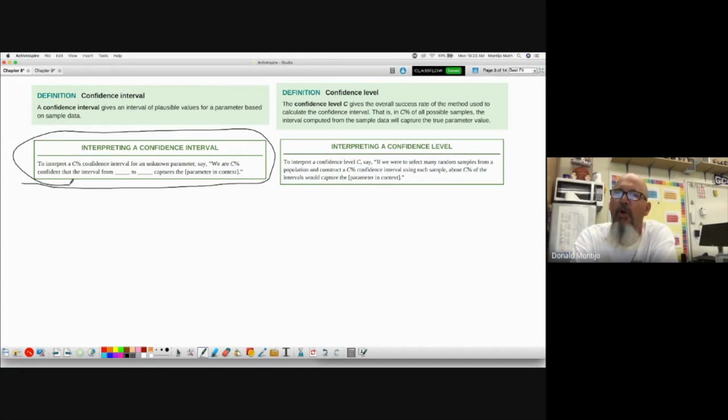Okay, so we are 95% confident that, let's look at the battery.